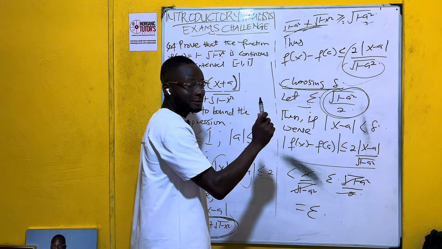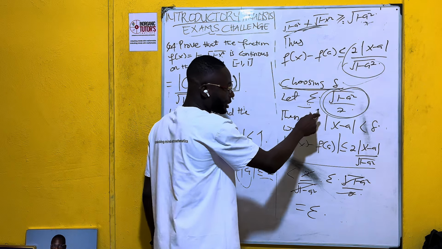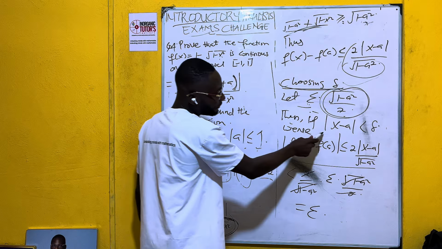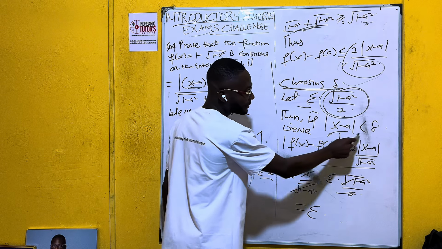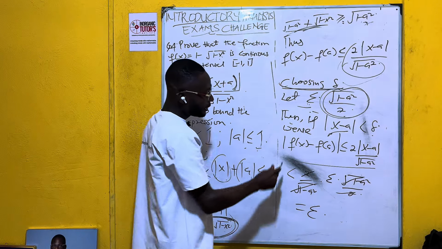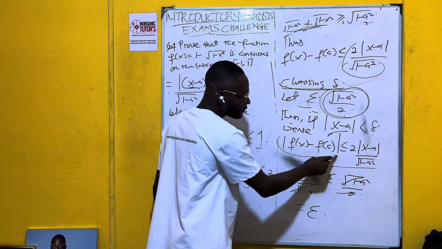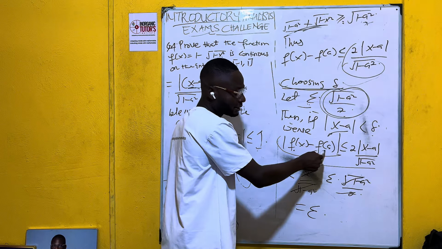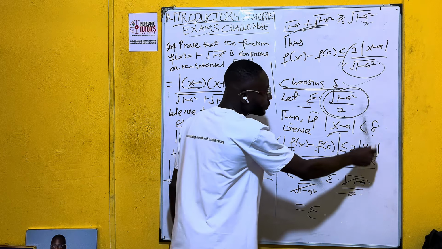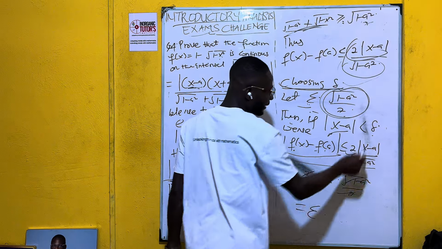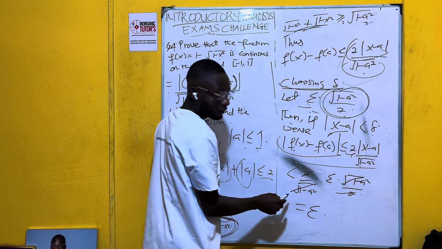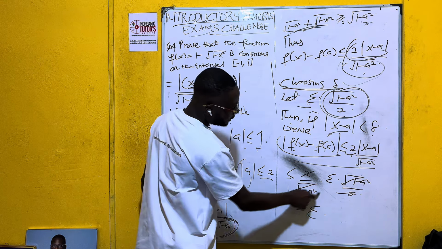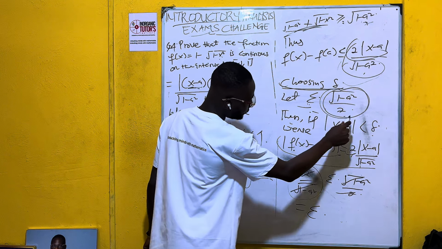This is the expression that we are choosing. Then if the absolute value of x minus a is less than delta, we have the absolute value of f of x minus the function of the points less than 2 times this divided by that, right? And so we see that this will be less than the expression here.